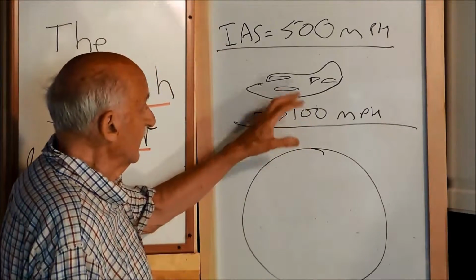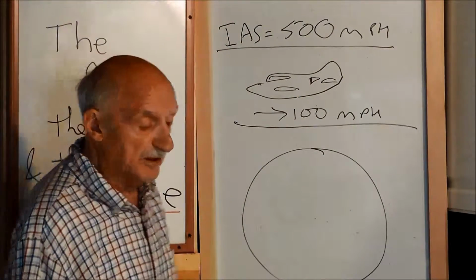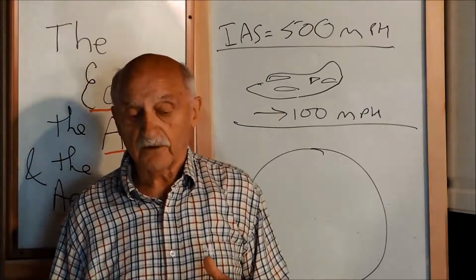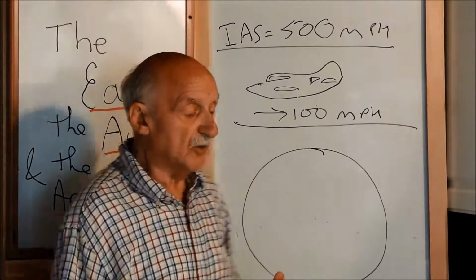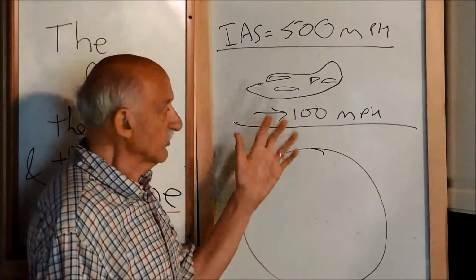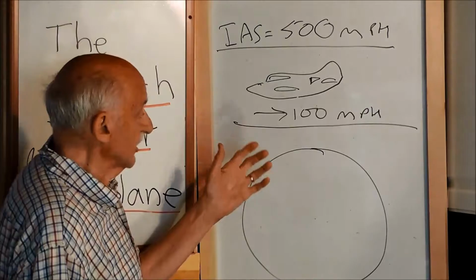So anyway, the air that's disturbed by the plane is a relatively small proportion of the total air. So the mass of air moved is not very great and does not absorb a great deal of energy.